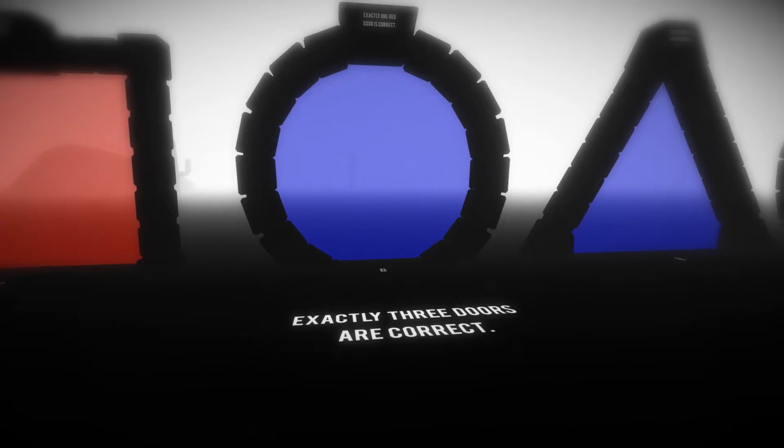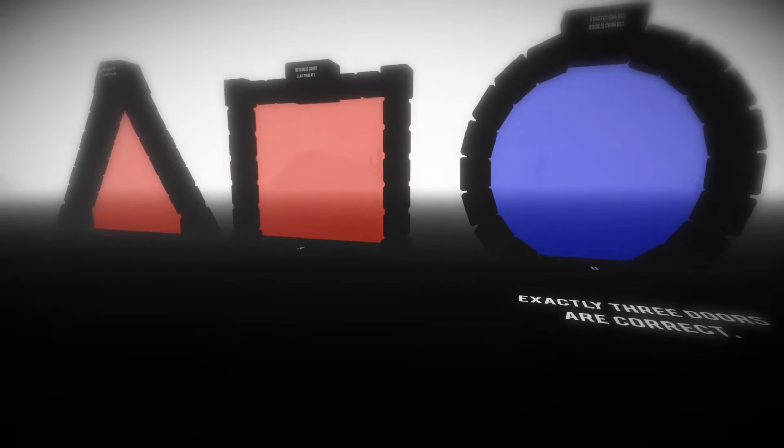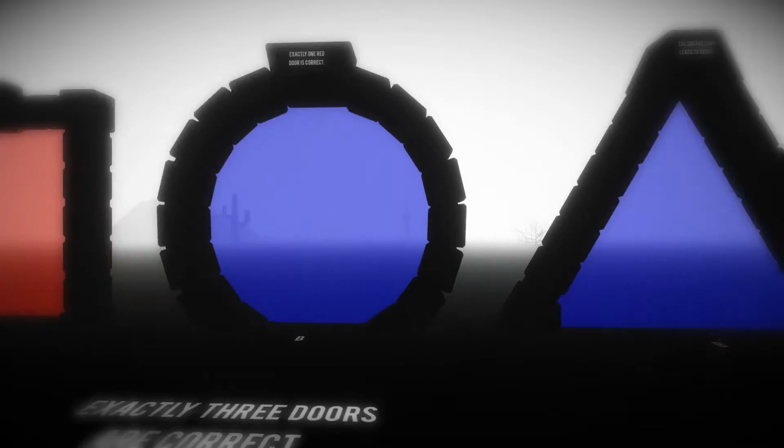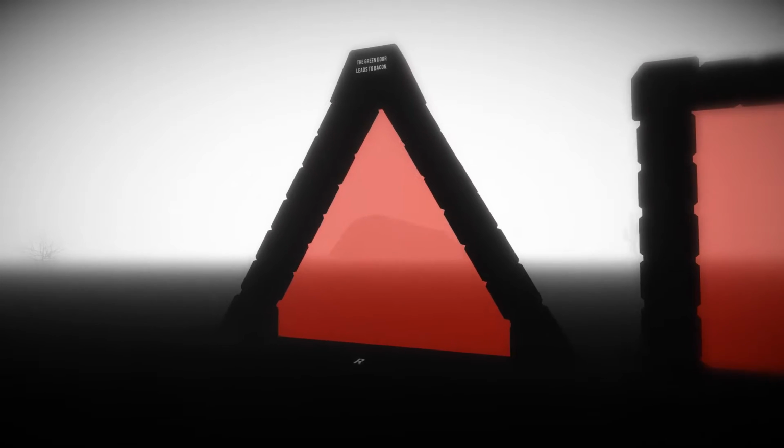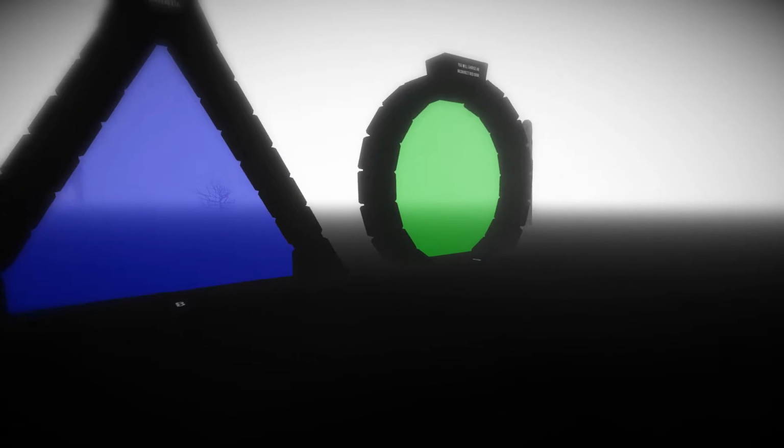And the square door leads to death. Okay, so those 2 lead to death. The square door leads to death. So all 3 of these middle guys lead to death. You are false. The green door leads to bacon is false. So that means the green door leads to death.